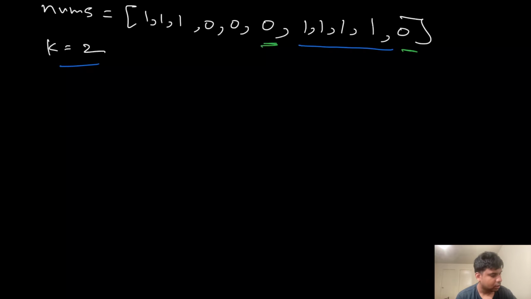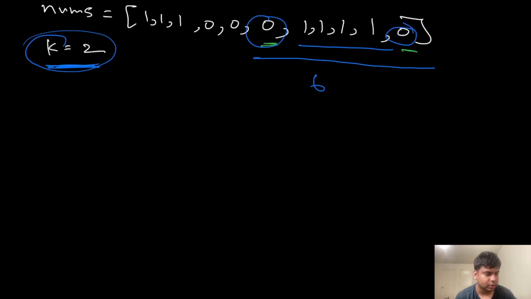Now what is the size of the window? The size of the window is 6. So this window you can consider, and this is the maximum size of consecutive window. And also make sure that you use only two zeros at max because k is 2. So we only made use of two extra zeros to get this.